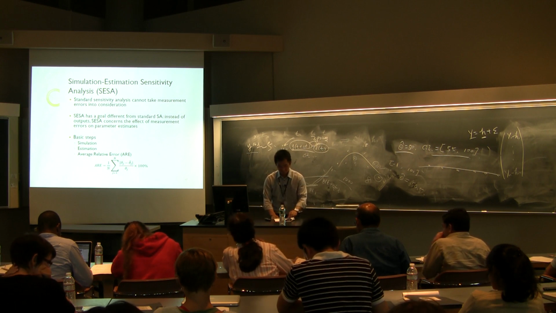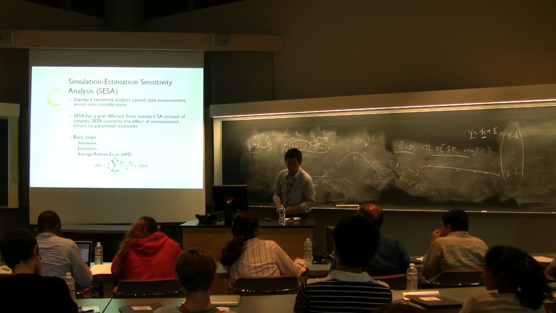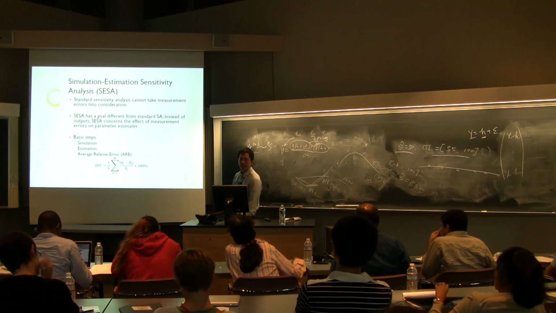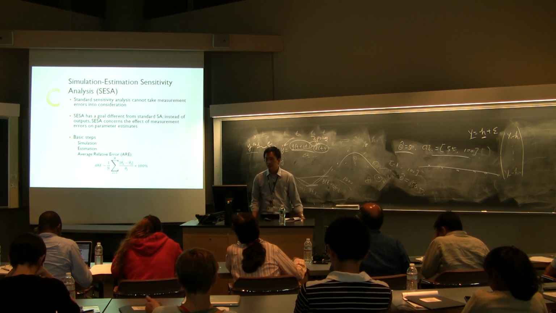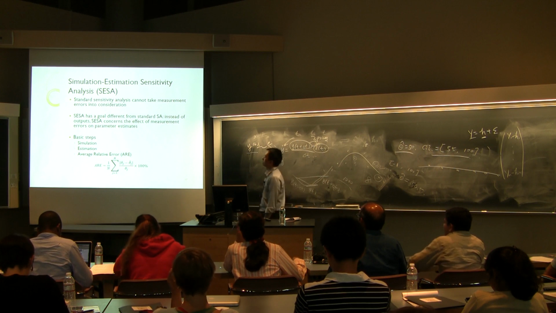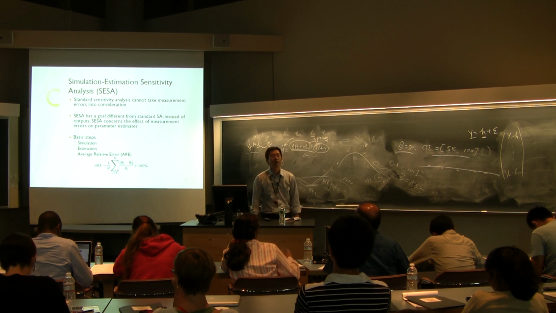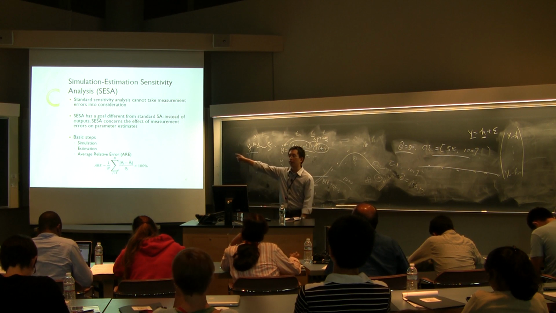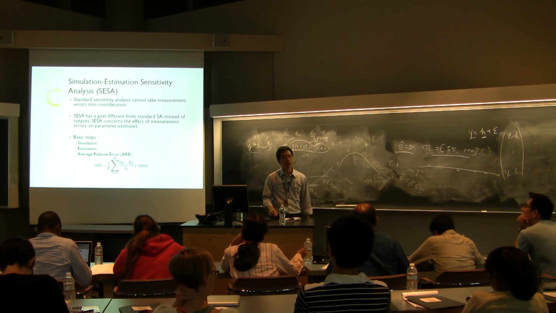Now let's talk about this one, the so-called simulation estimation sensitivity analysis. By calling it sensitivity analysis, actually, eventually we'll go back to the experiment design. The purpose is not really the sensitivity analysis. Eventually we're just going to talk about the experiment design.